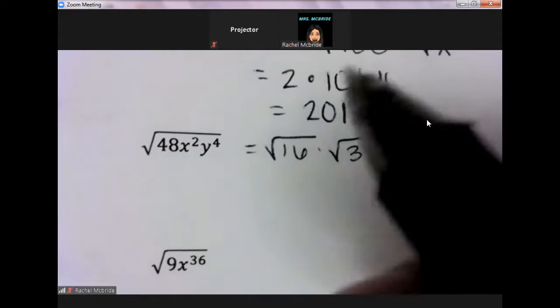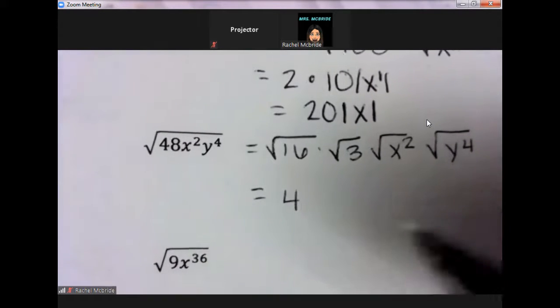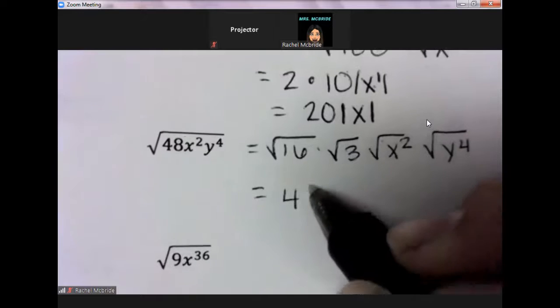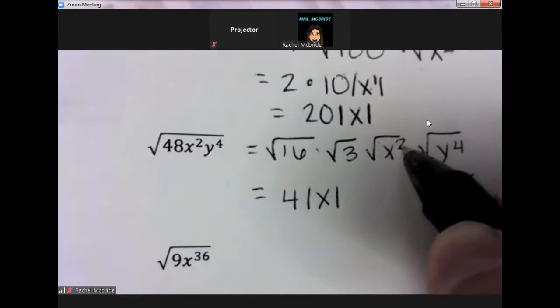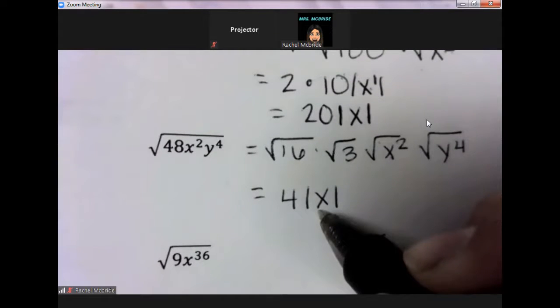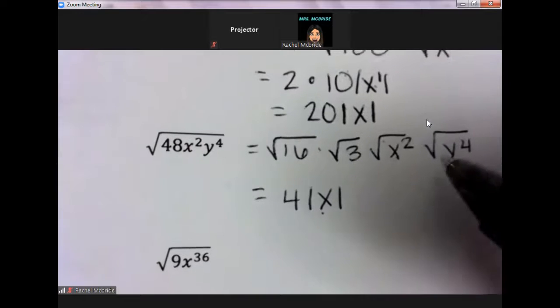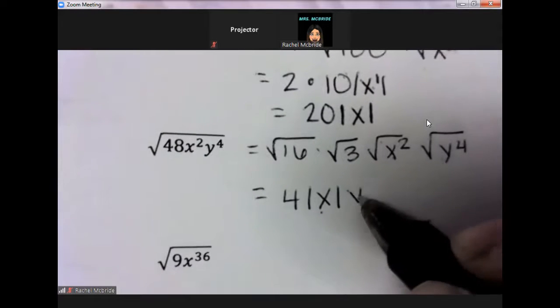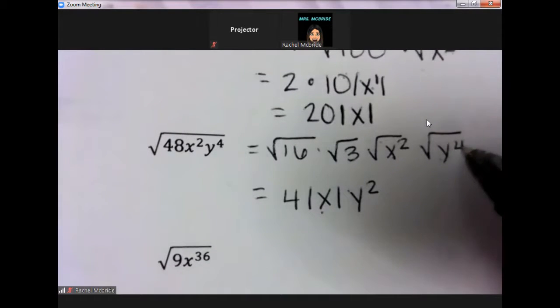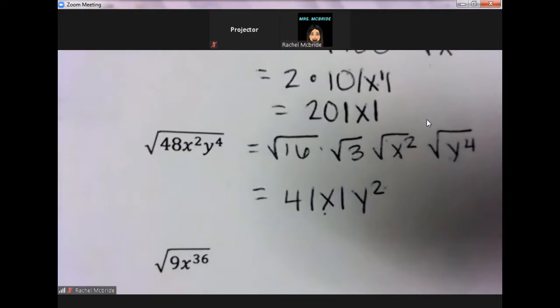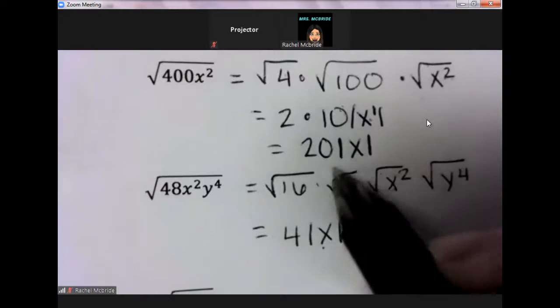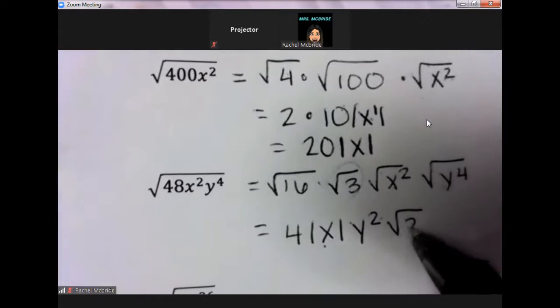The square root of 16 is 4. The square root of x squared is the absolute value of x because it's even but becomes odd. y to the 4th becomes y squared. That's even and this is even, so no absolute value needed. And then the square root of 3 doesn't simplify, so it tags along.